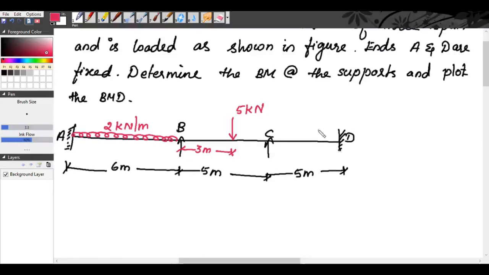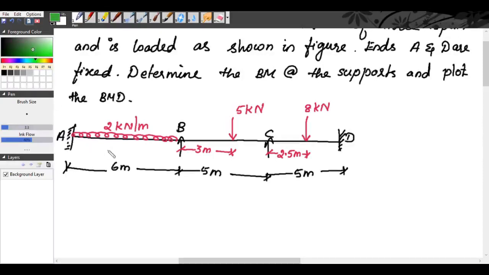And in the span CD, at the middle of the span, you have a concentrated load of 8 kilonewton. So this distance is 2.5 meter.